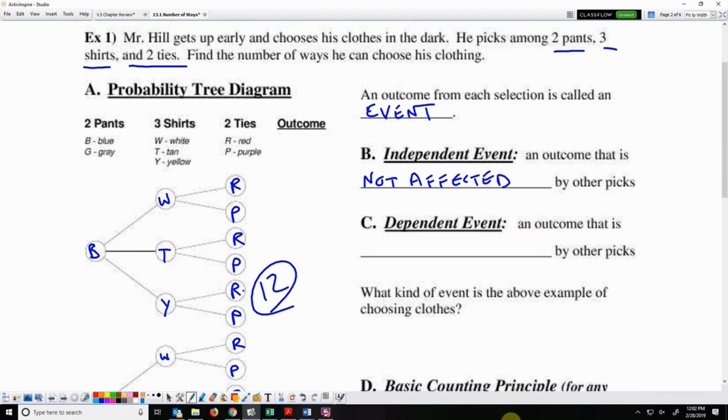So when you're choosing your clothing in the dark, and you're just grabbing a pair of pants and a shirt and a tie, then what color pants you wear makes no difference on the color of shirt you wear. Now in reality, probably once you pick one item, you narrow down your choices for the next, and those are called dependent events, an outcome that is affected by other picks.